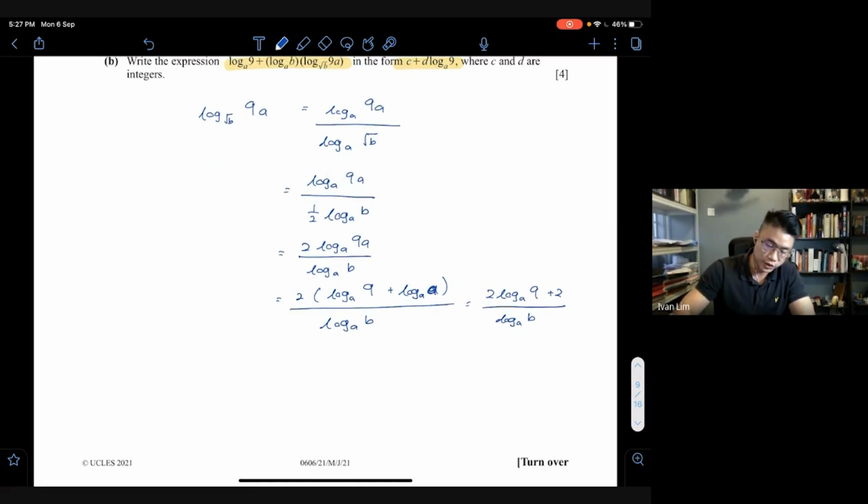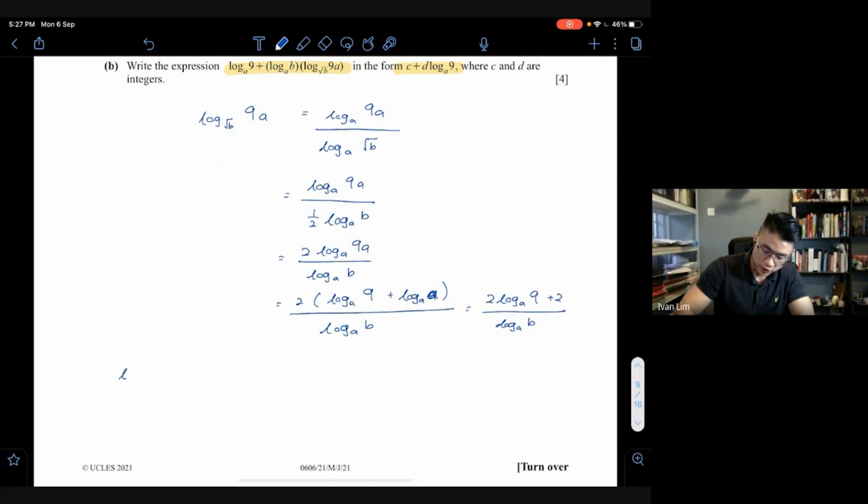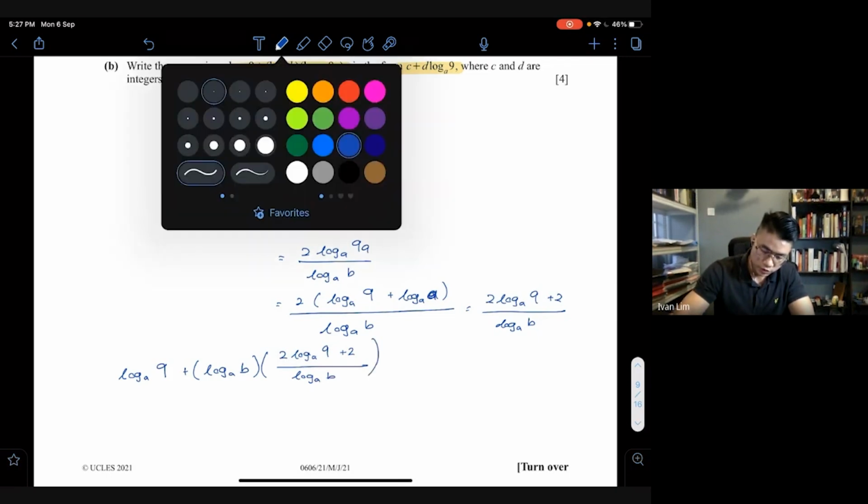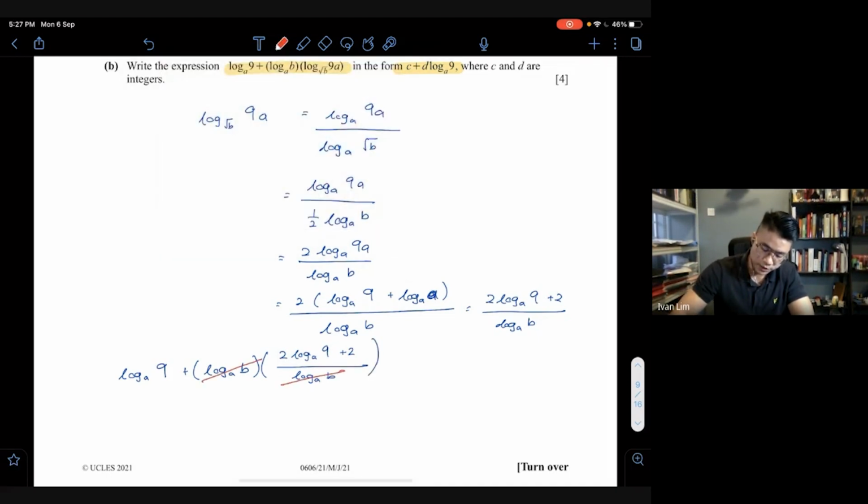Let's put it back to that equation. What they give us, log A9 plus log AB, then times 2 log A9 plus 2 over log AB. This and this can be simplified.